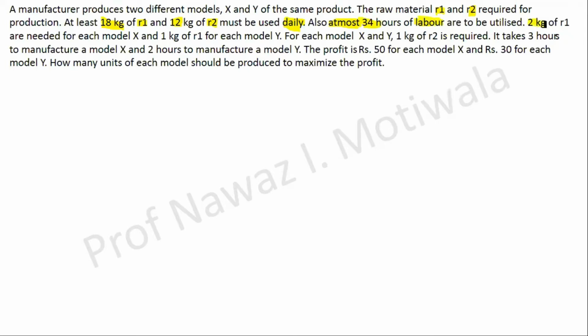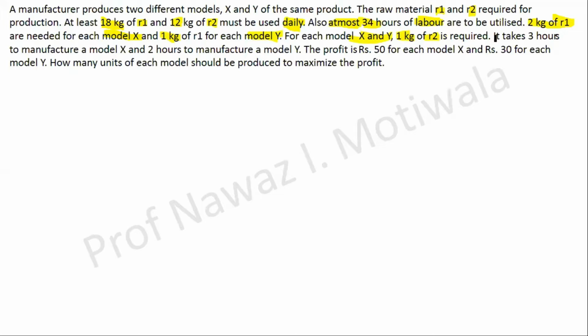2 kg of R1 are needed for each model X and 1 kg of R1 for each model Y. And for each model X and Y both, 1 kg of R2 is required.